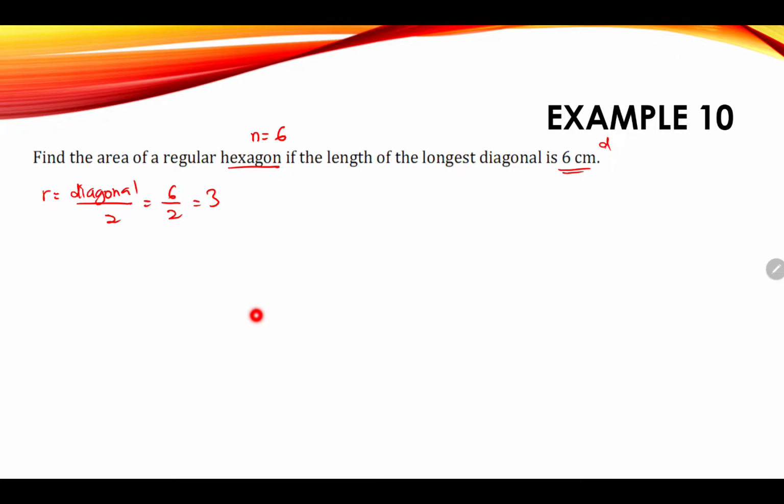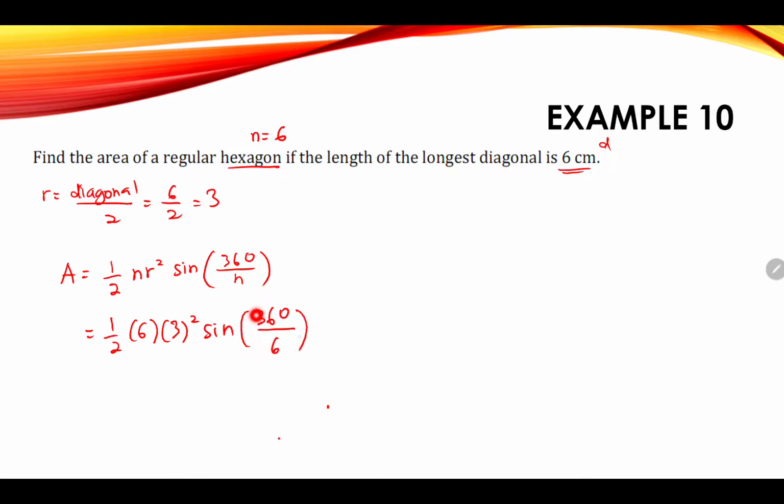So, kita dah dapat N, dah dapat R. Untuk cari area, kita boleh guna formula yang kedua. 1 over 2 N R square sin 360 divided by N. 6 R square sin 360 bahagi dengan N. Okay, yang ni kira akan dapat 23.3827 cm square.